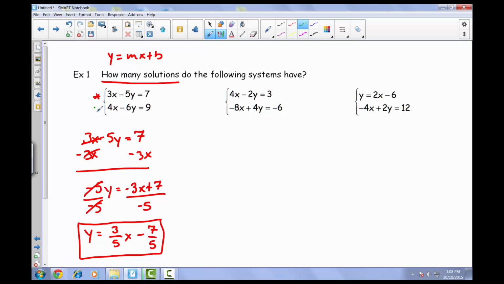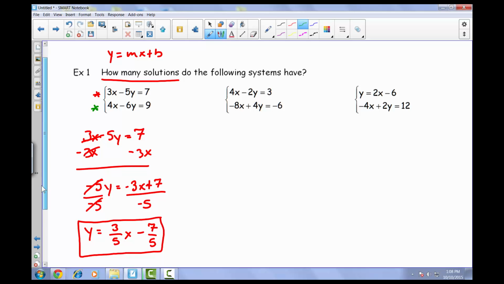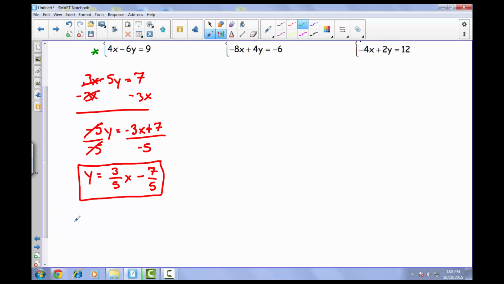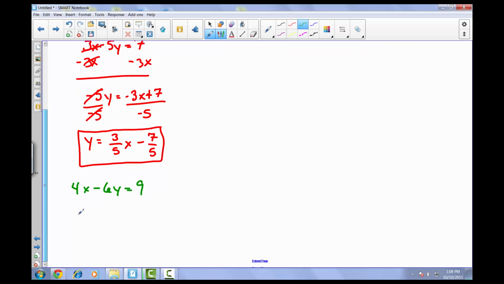Now looking at our green one, we have to do pretty much the same thing, making this into y equals mx plus b. We have 4x minus 6y is equal to 9. We first subtract 4x from both sides. We end up with negative 6y is equal to negative 4x plus 9.